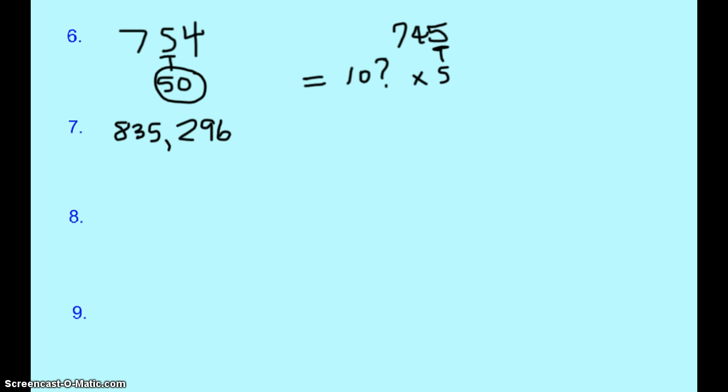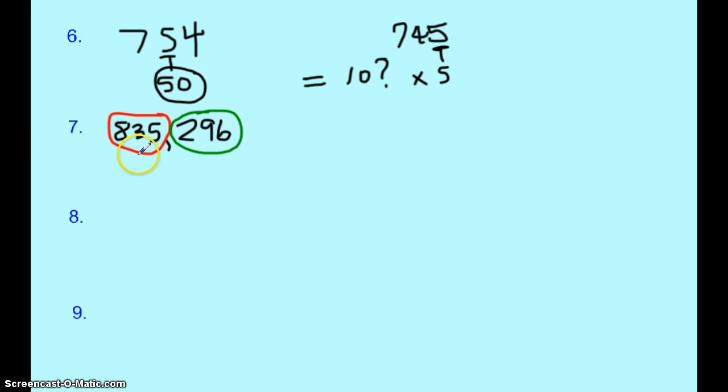So we'll break it down in sections. Here we have this section, which is the thousands. So we read this number, 835, and it's in the thousands, so we say 835,000. And then the next section here, which is the units or ones, which is 296.